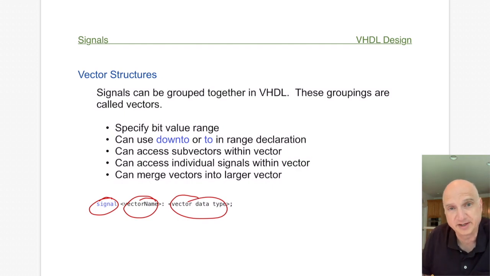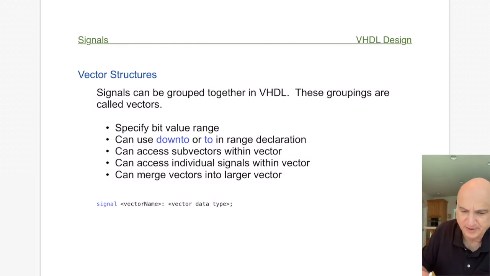Now, the vector data type is different than a standard data type because a vector data type is a grouping, and so it's going to have a keyword at the end of the type to show how many bits there are and what their order is. But first off, let's take a look at some of the things that make vectors unique. In a vector, you can specify a bit range, okay?